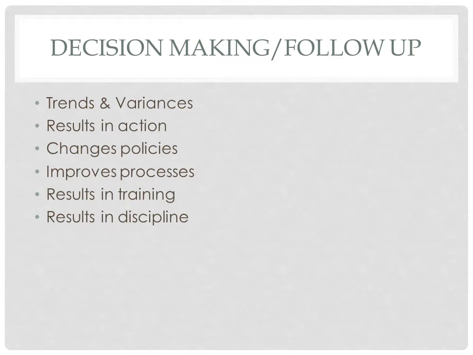Again, results in training, and it could also result in discipline. This helps you to see if something is happening over and over and over again because someone is either intentionally or actively or passively aggressive on a situation, and I've seen all those.